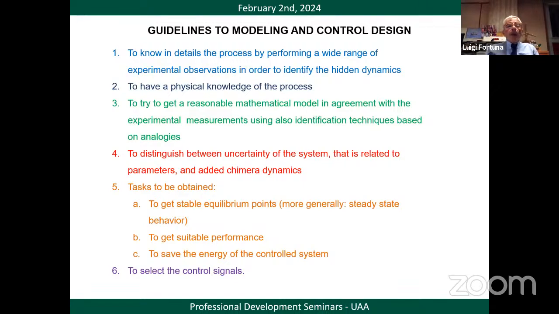Therefore, what are the guidelines of our study? To know in detail the process by performing a wide range of experimental observations in order to identify the hidden dynamics, to have a physical knowledge of the process, to get a reasonable mathematical model in agreement with the experimental measurements, using also identification techniques based on analysis, to distinguish between uncertainty of the system that is related to the parameters and added chimeral dynamics.